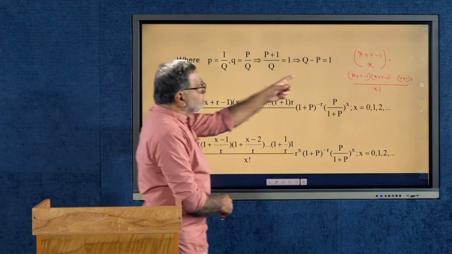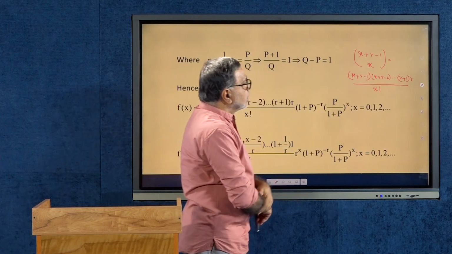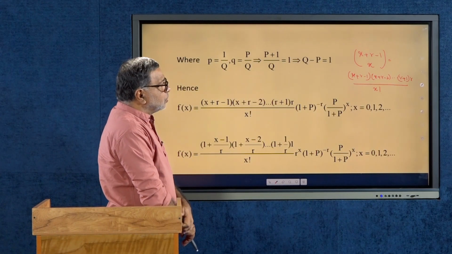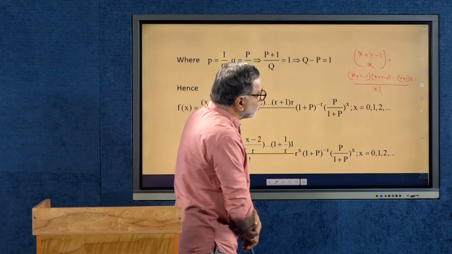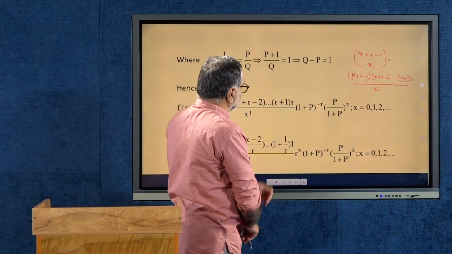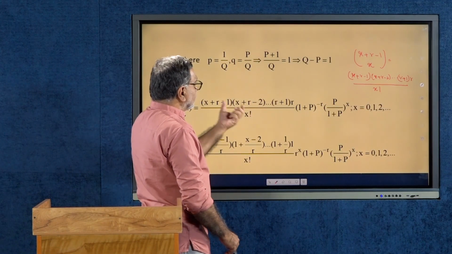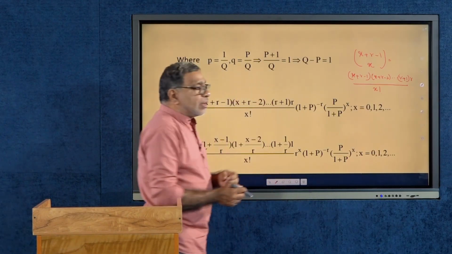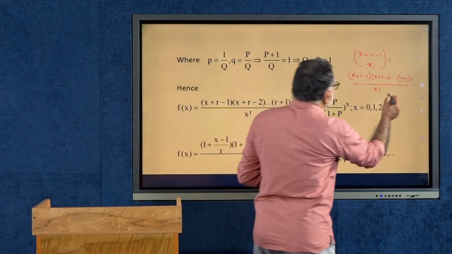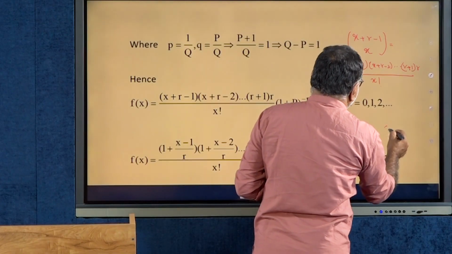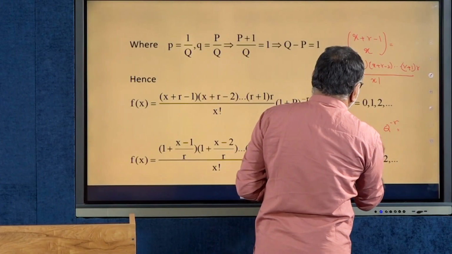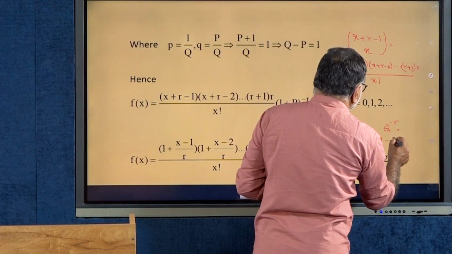So, x plus r minus 1 cx is x plus r minus 1 into x plus r minus 2 into etc. up to r plus 1 into r divided by x factorial, that is written here, into q power minus r. Earlier we have q minus p is equal to 1.